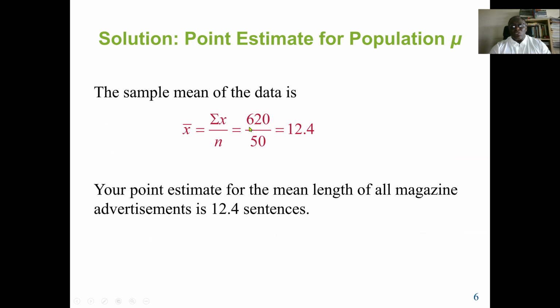We divide 620 by 50, we get 12.4. So our point estimate for the mean length of all magazine advertisements. The keyword is all, which means the population. So your point estimate for the mean length of all magazine advertisements is 12.4 sentences.